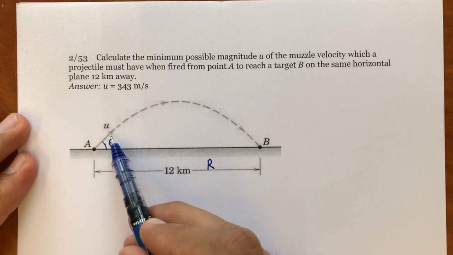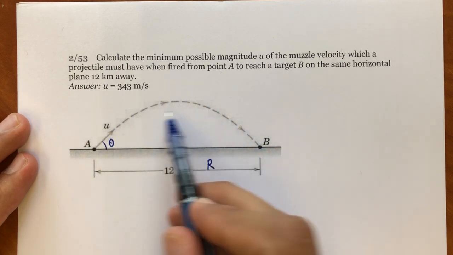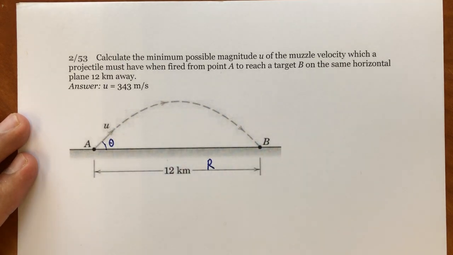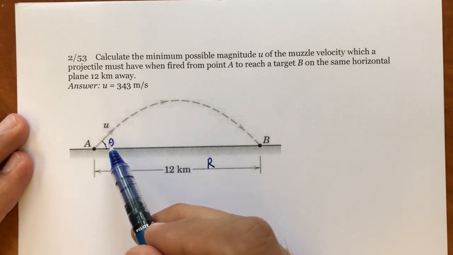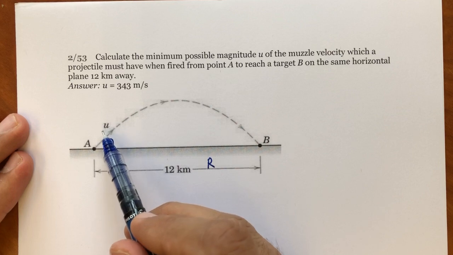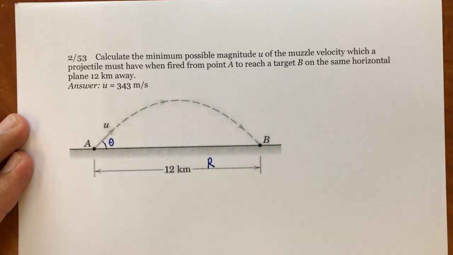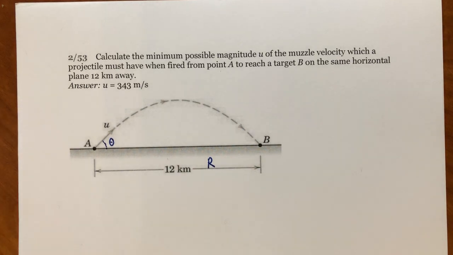So if you change this u gradually, you can find the proper u to hit B, right? And the question here is, what is the optimum velocity, or what is the minimum velocity that we can shoot to hit point B? I'm going to make this problem a little bit more general, then you can use that general solution to solve this particular problem with these given numbers.